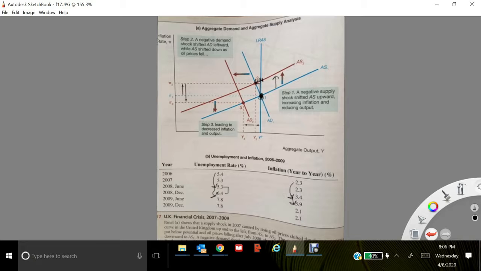But look what happens now. What happens in the fall of 2008? Lehman Brothers goes bankrupt on September 9, 2008, which really starts off the biggest part of the financial crisis.